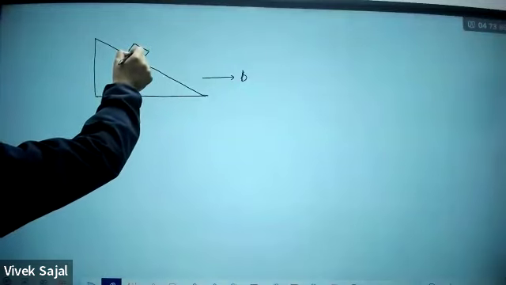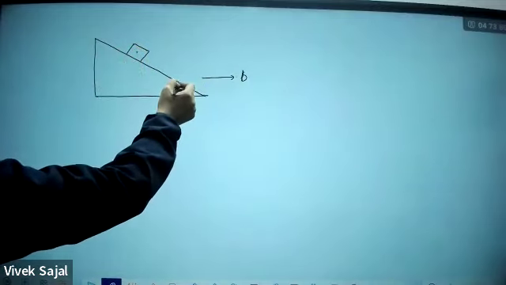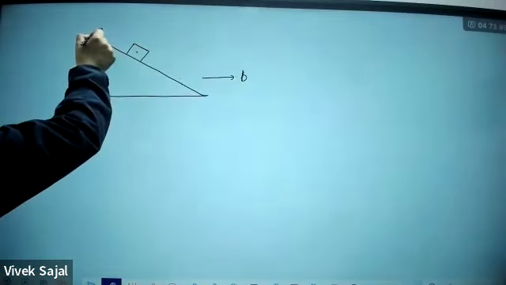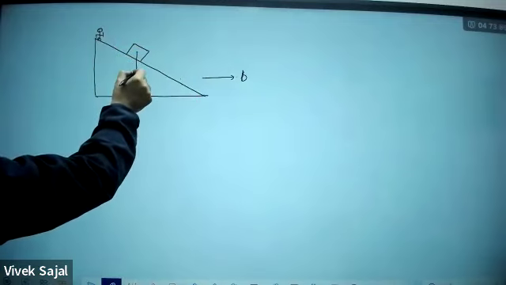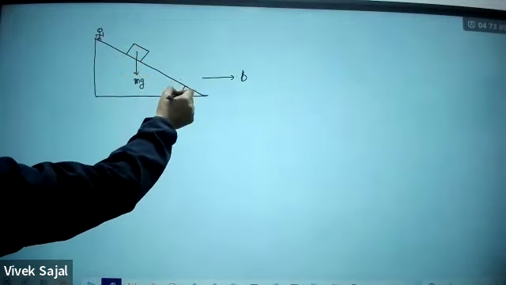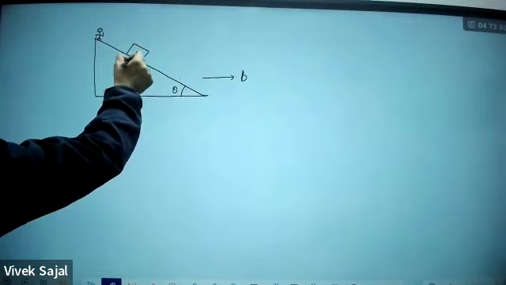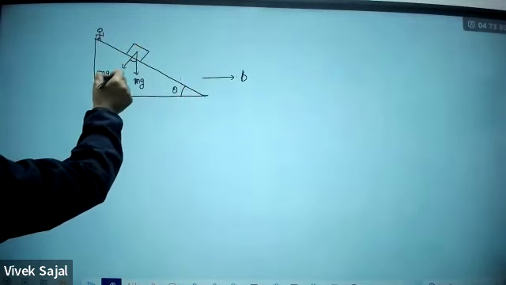Okay? So here this is b, and you are making observations from here. So some observer is here. For this observer, weight will be there, mg will be there. If this is theta, then this will be theta, and this will be mg cos theta.